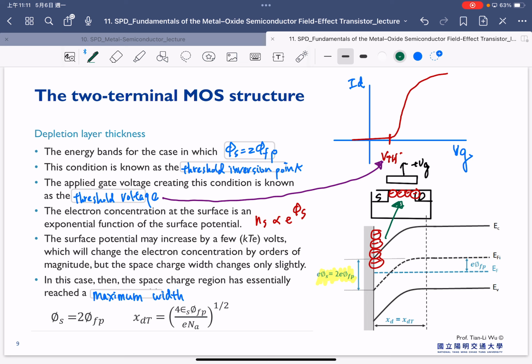So this is also the reason why beyond this condition we start to have a current, because right now our inversion density increases very fast, rather than continuing to increase our depletion width here.